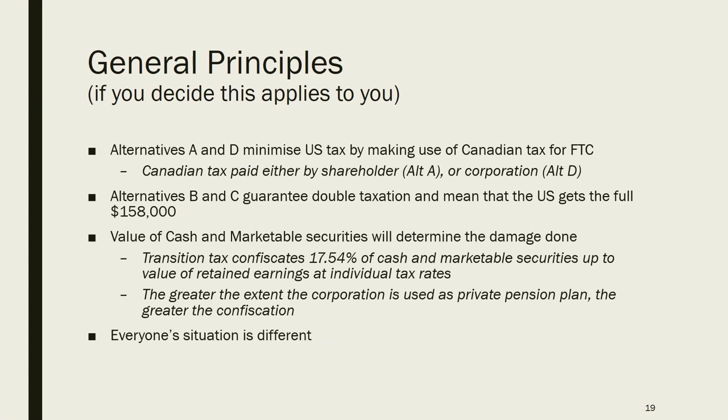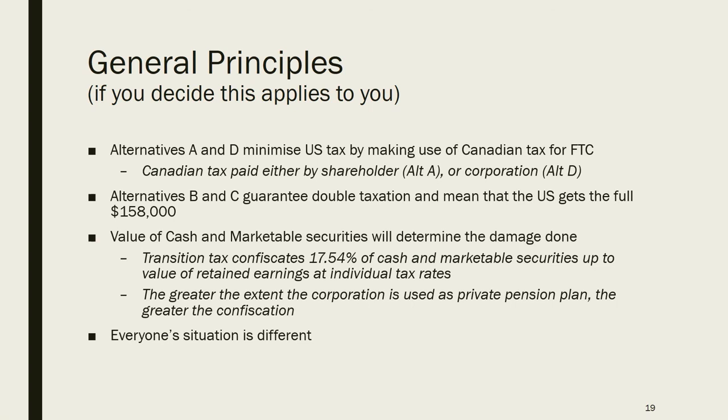And then in B and C, like you said before, it's going to guarantee double taxation, and the U.S. is going to get the full $158,000. The damage done is going to be determined by cash and marketable securities relative to your deferred foreign income.